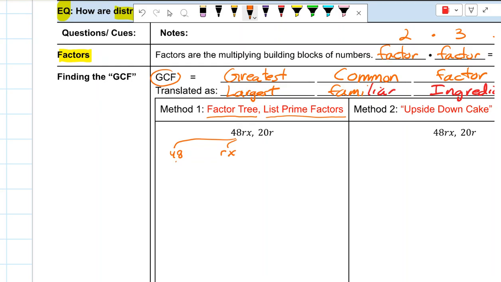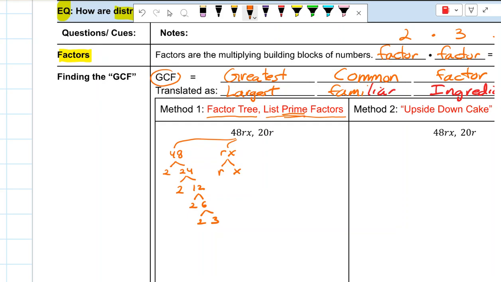And then for 48, that's going to be 2 times 24. And then 24 is 2 times 12. 12 is 2 times 6. And 6 is 2 times 3. Rx is R times X. And the reason why we do this is we're looking for the prime factors.